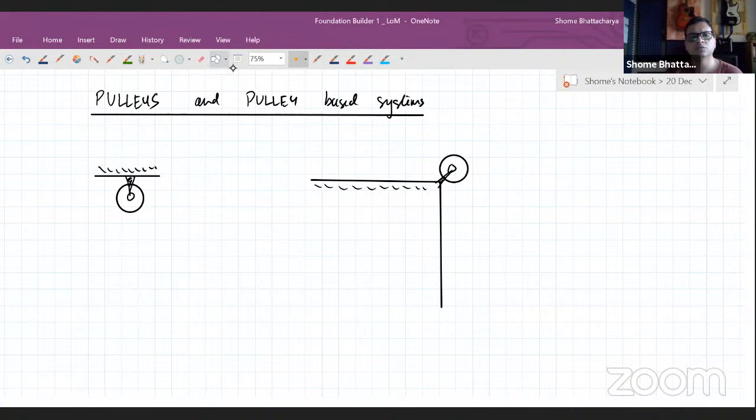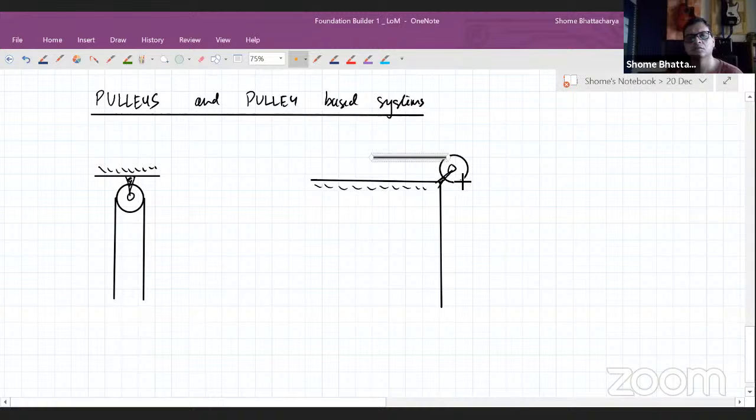And then we can have a situation where we have a thread wound around the pulley. Okay.